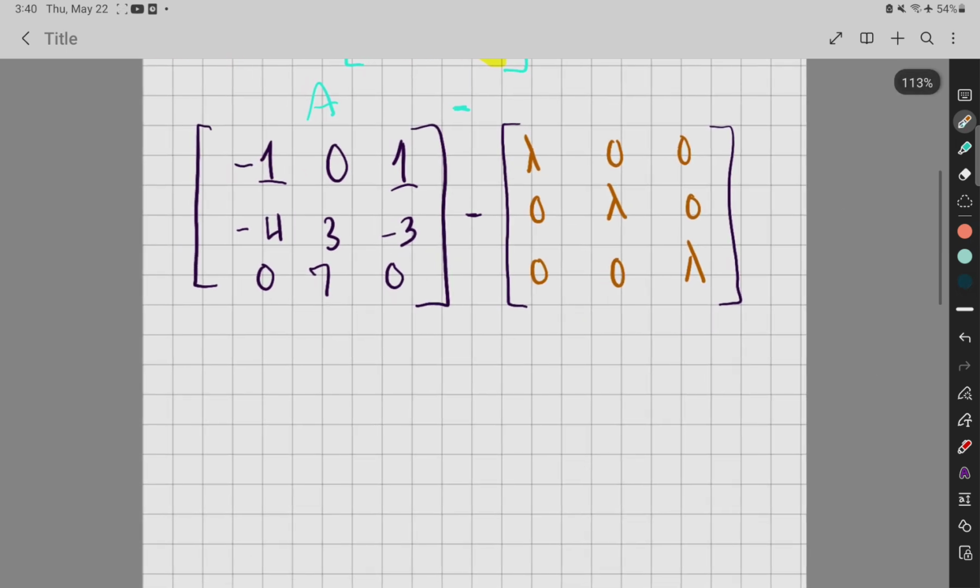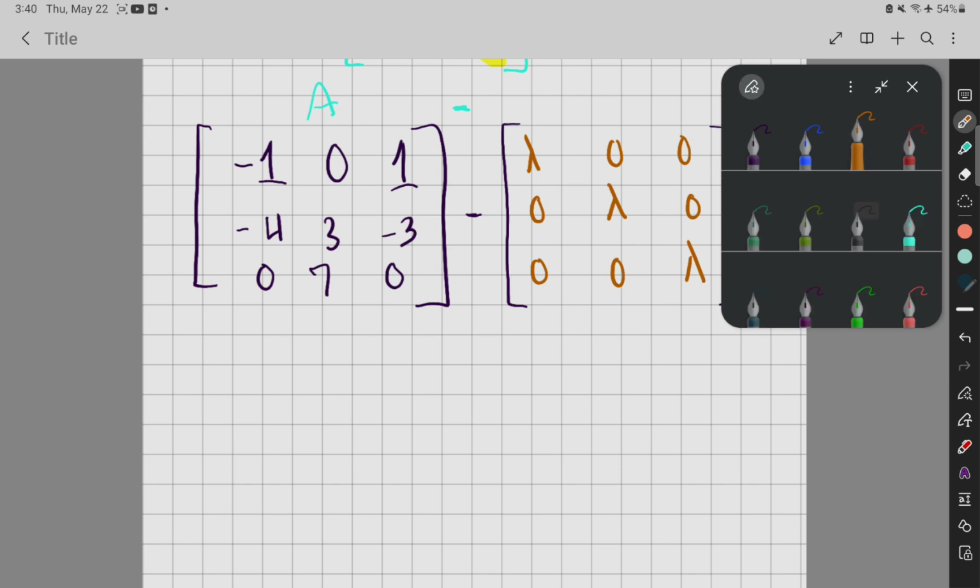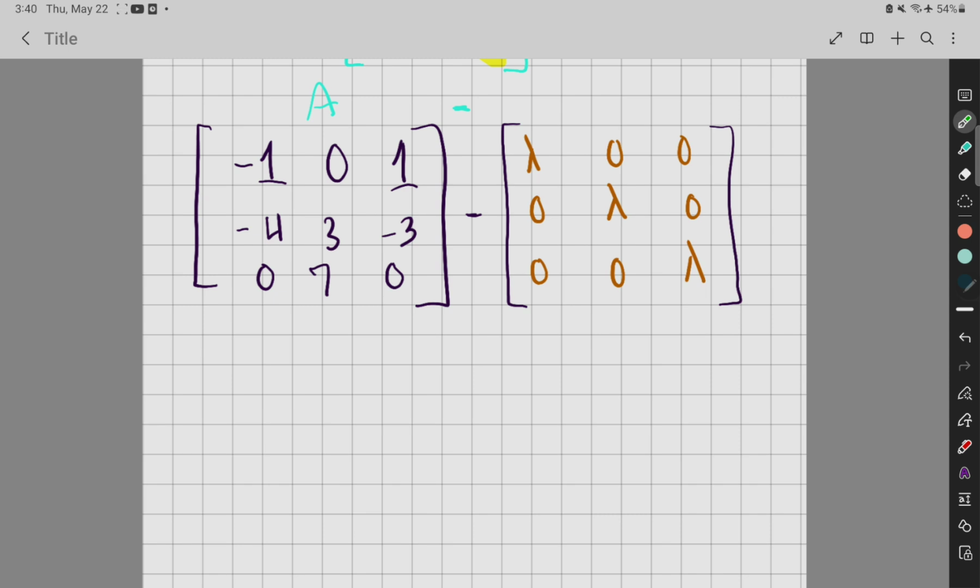So after you do that, you are just going to subtract it as normal, component-wise. If you don't know what I'm talking about, you would take the first element, and then you would subtract this first element.